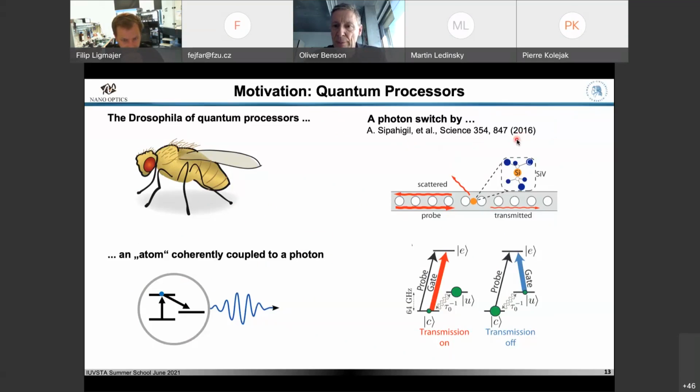This is just one paper, and you see the configuration. It's a waveguide-like structure with an atom-like object. In this case, an emitter in diamond is in the center. And you can control the state and control the flow of light in such a sample. And I will come back to this structure also later during the presentation.